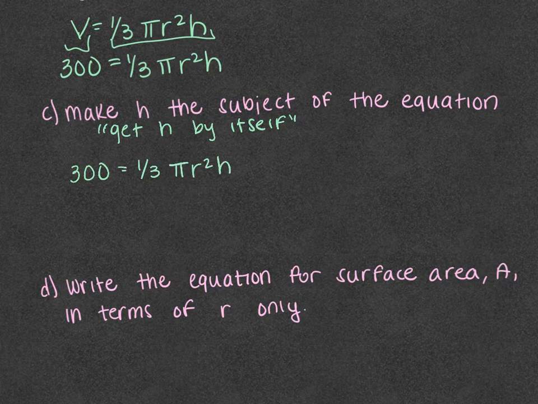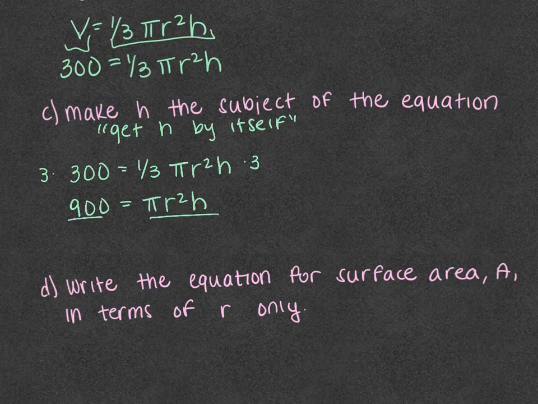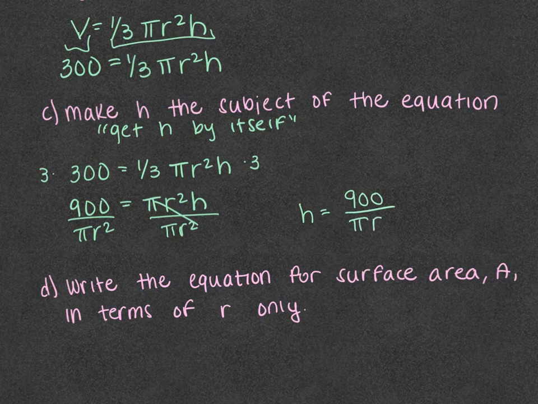I'm first just going to get rid of the fraction, so multiply by 3 on both sides. You get 900 is pi r squared h. And then all of this is just multiplication, so to get rid of pi r squared, we're just going to divide. And now I have h by itself: h is 900 over pi r squared.